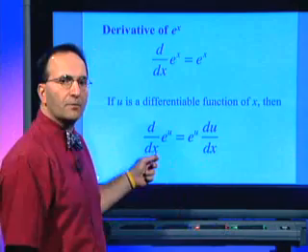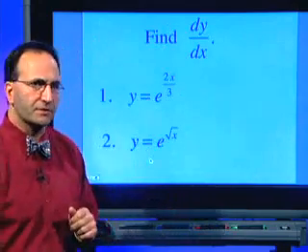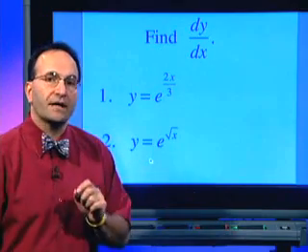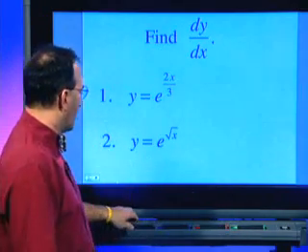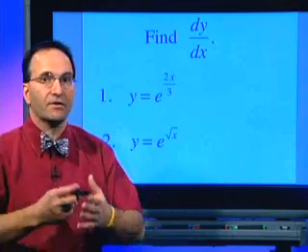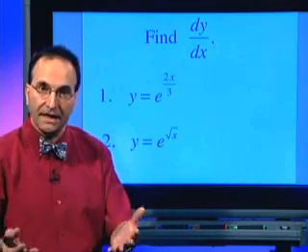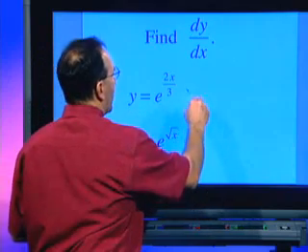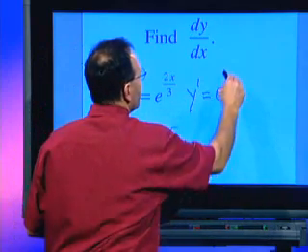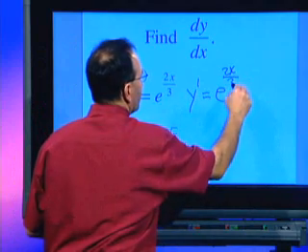Let's try this out on a couple of examples. We have y equals e raised to the 2x over 3. First, we know that the derivative of e to the x, whatever that x may be, is e to the x. So y prime is going to be equal to e to the 2x over 3.